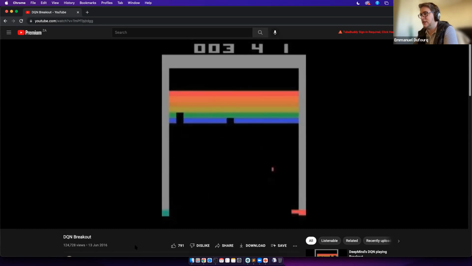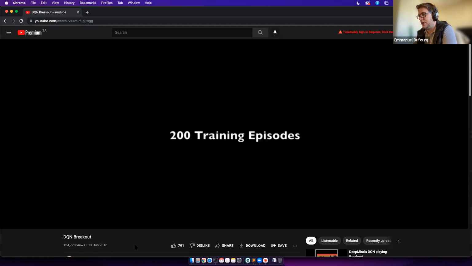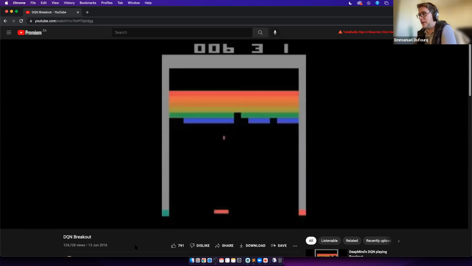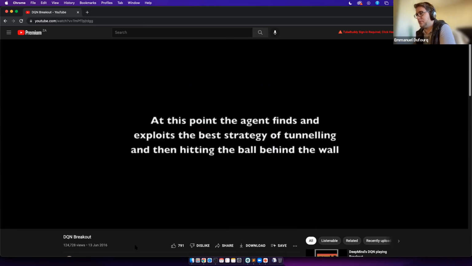Initially, it's just playing randomly, and you can see that the paddle is not hitting the ball sometimes. And then we train the model some more, and the model gets a little bit better at playing the game. It's breaking more blocks. It's still not perfect. Then we train it some more. Now it's better. And then eventually it learns an interesting strategy, which requires less effort on its part.